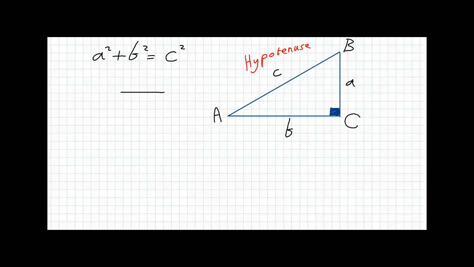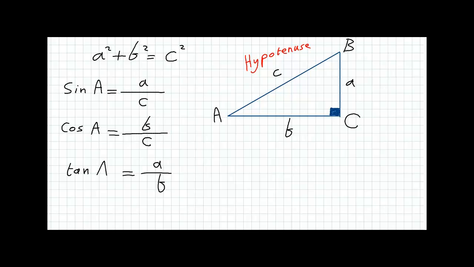The ratio between side a and c, we call the sine of angle A. The ratio between side b and side c, we call the cosine of angle A. But the ratio between side a and side b will be called the tangent of angle A. So these three ratios now belong to the angle A.